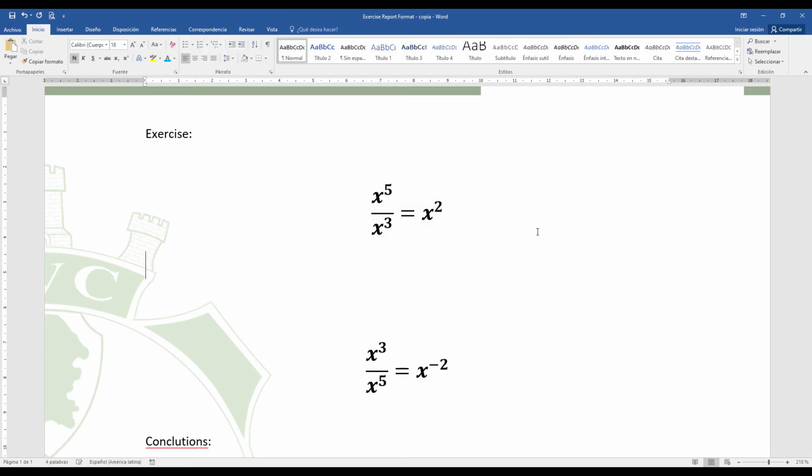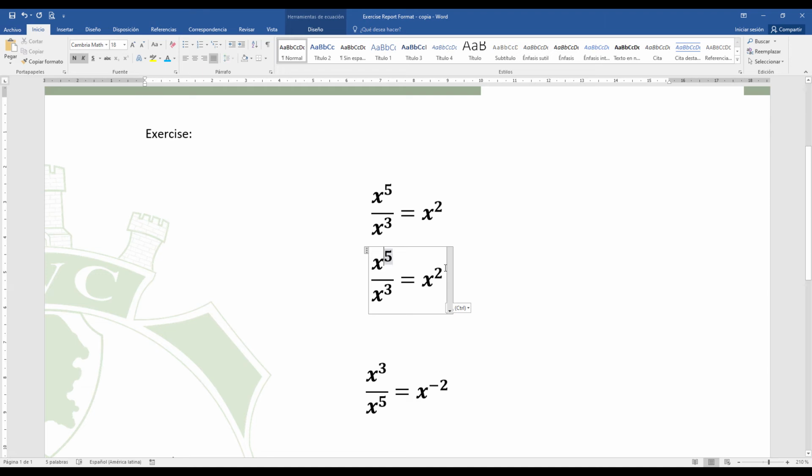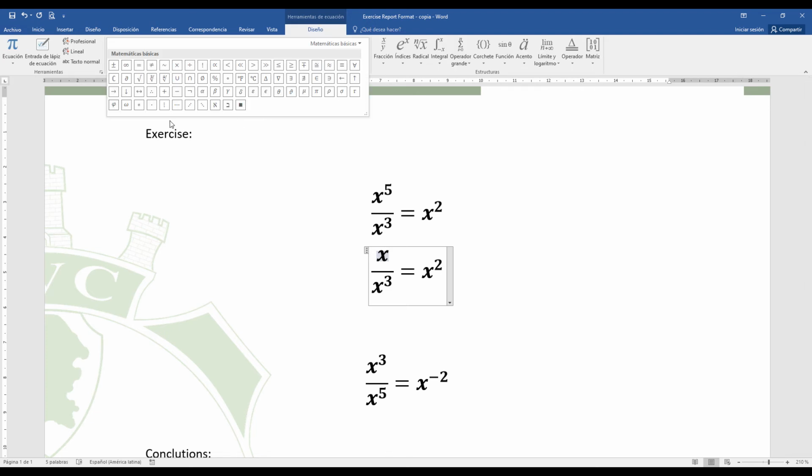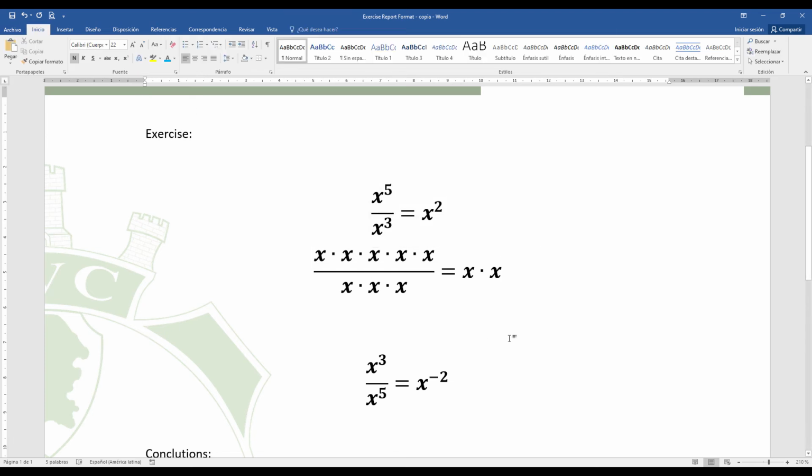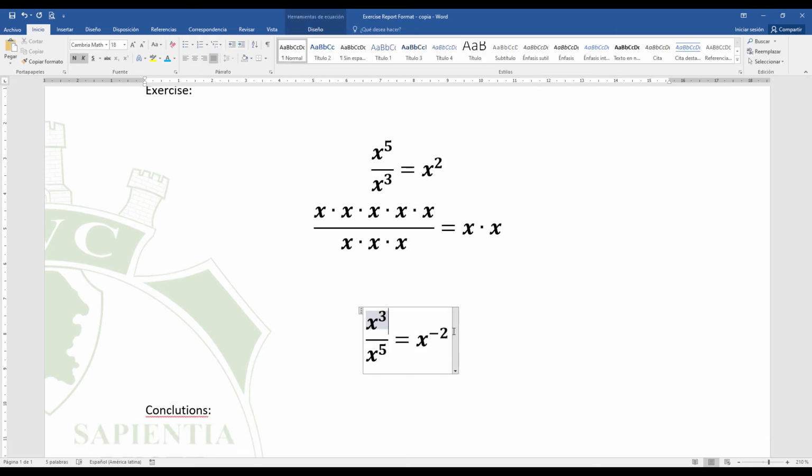Look at that. If you check here, this is equal to, and that is equal to, and now this is equal to that.